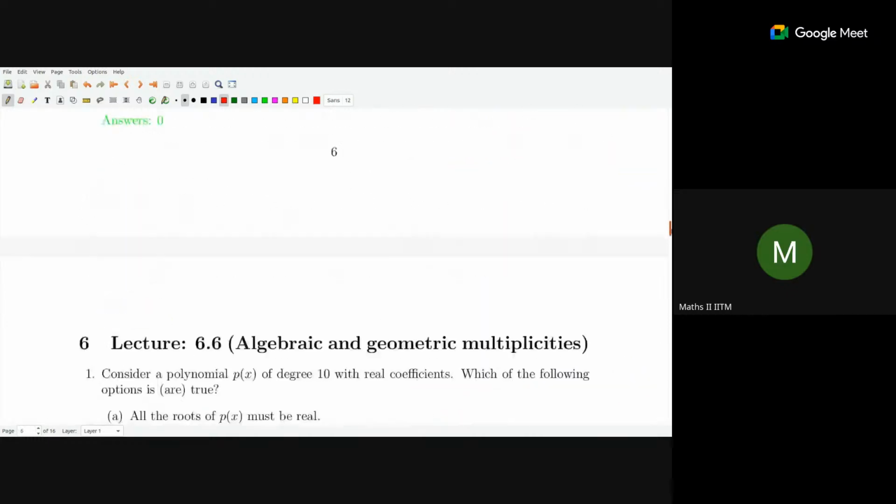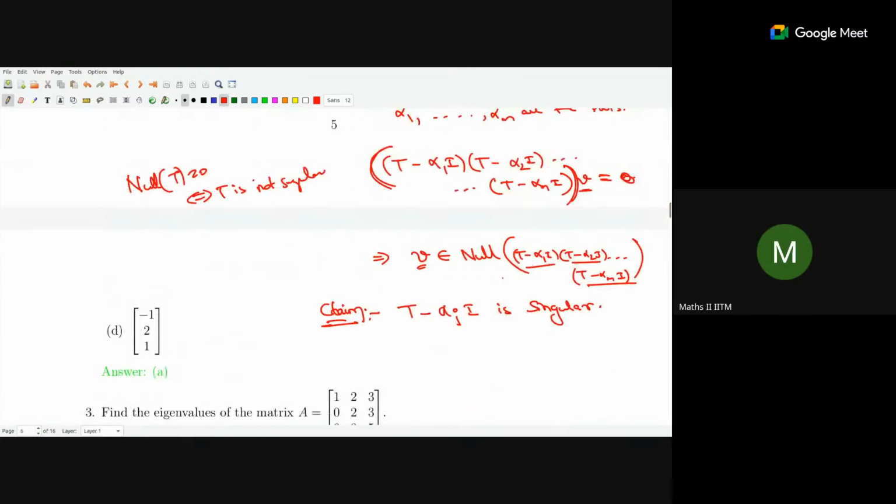So if it is non-zero, then something should exist in this null space. If something exists in this null space, then one of the factors should be singular. Only then the whole thing will become singular. From there you see that there exists an alpha j such that t minus alpha j I is singular, and that alpha j will be your eigenvalue.